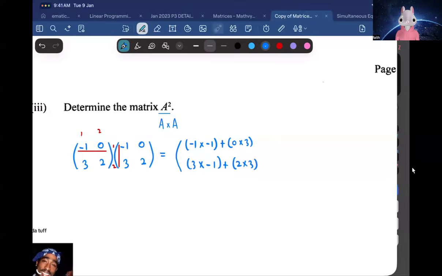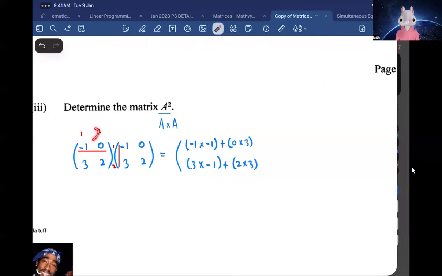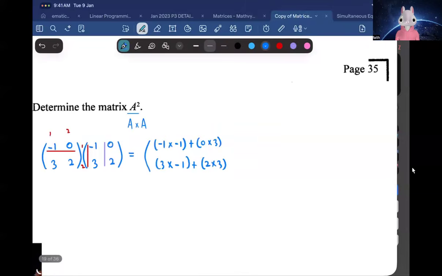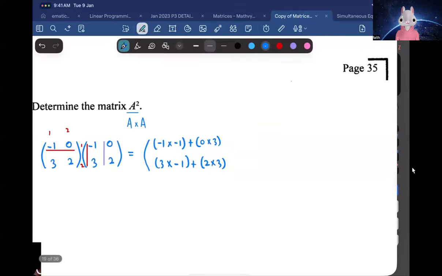Correct. So we now need to do the second column. -1 by 0 and 0 by 2. Then 3 by 0 and 2 by 2.